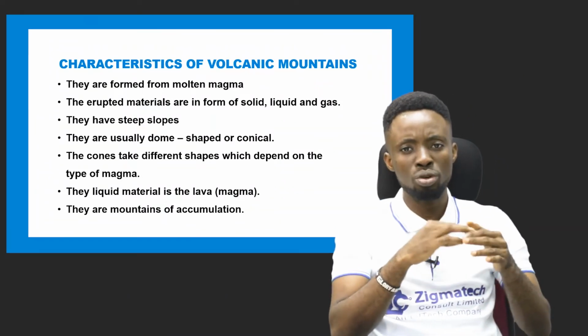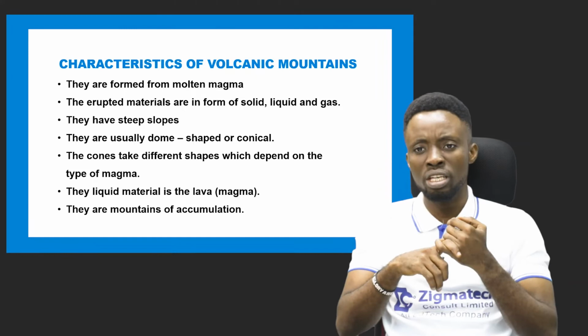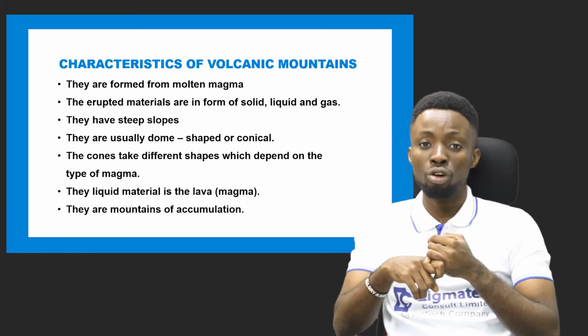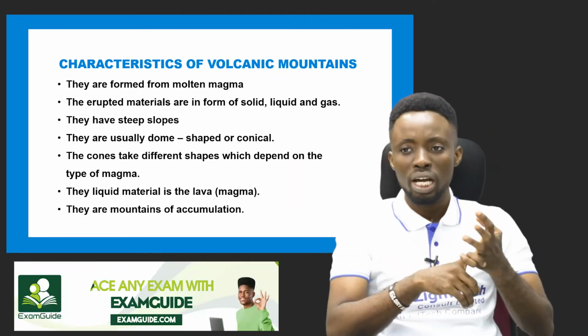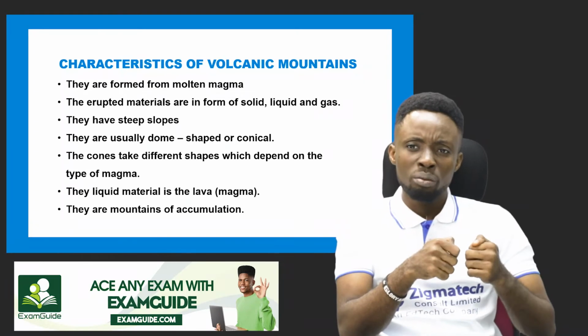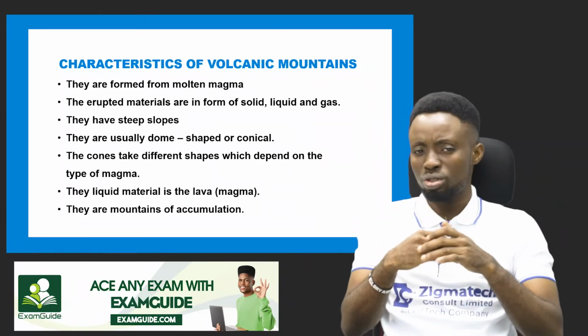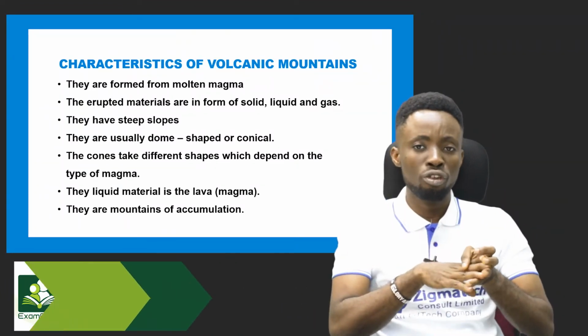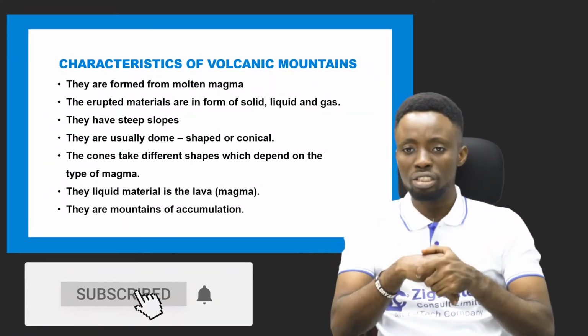And also, most volcanic mountains either have the shape of a cone or the shape of a lava dome. And they actually take their shape based on the amount and type of magma that is being erupted from what? From the magma chamber.